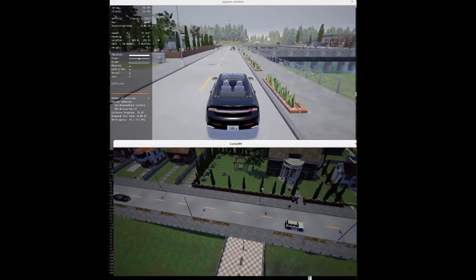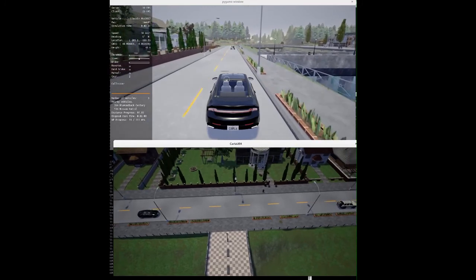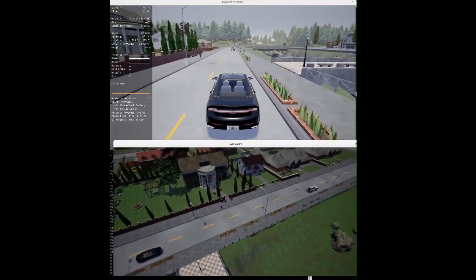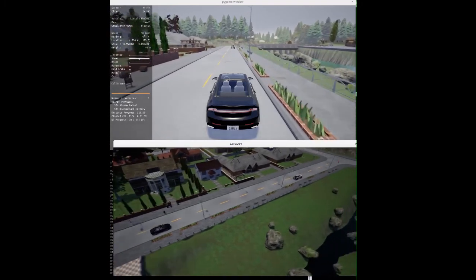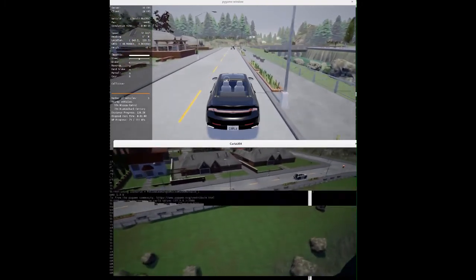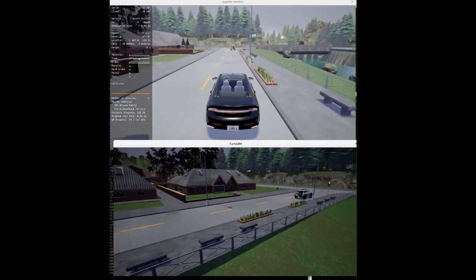It's a little bit conservative in terms of the gap it's leaving, but at least for the scenario runner, how the scenario is defined, it was fine to go up to the end and then stop behind the vehicle to complete the task.